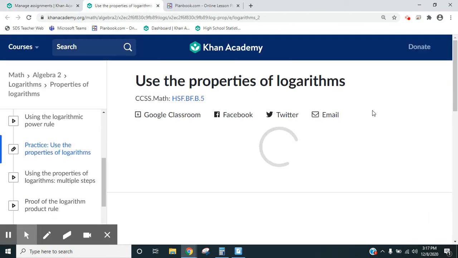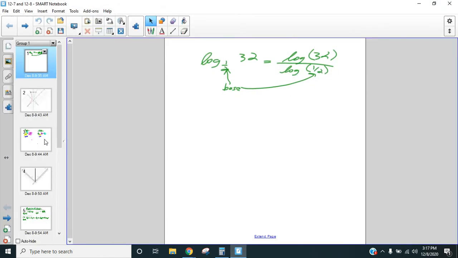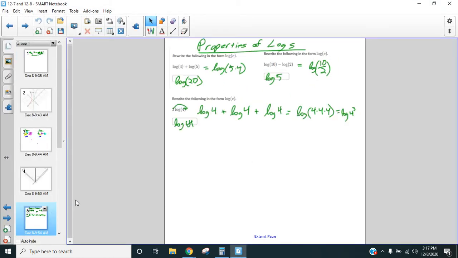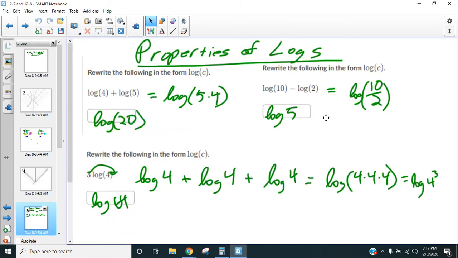Let's work with properties. All right, in order to use this property section, I have this little page here. We're going to zoom in. All right, so here's some examples. If we take a look at two logs that are added together, we multiply the two inputs, right?